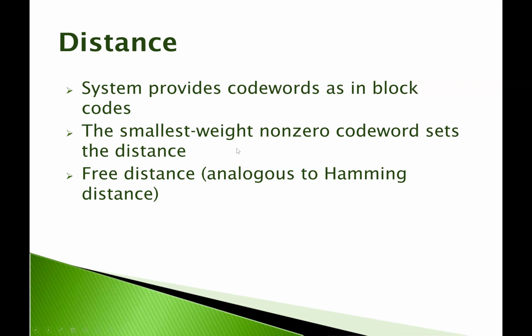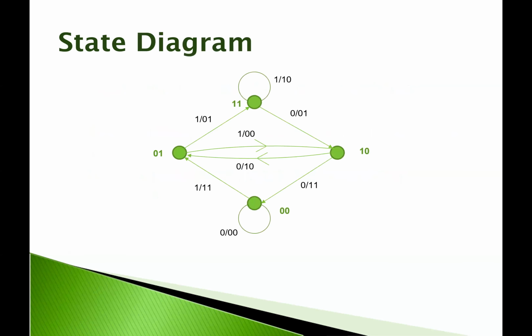So the weight of the smallest non-zero code word sets that distance. We call this the free distance in convolutional codes, but it's analogous to the Hamming distance. It's providing that same type of coding protection, an ability to detect and in some cases correct for errors.